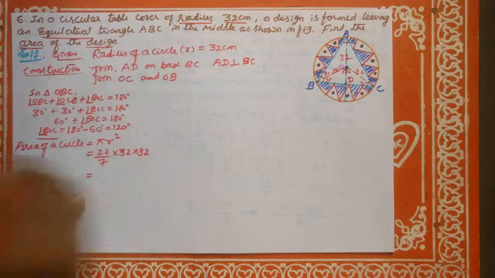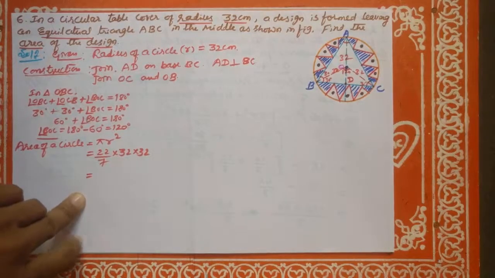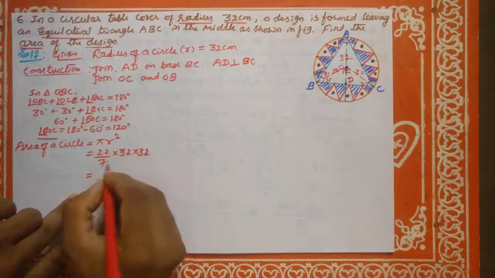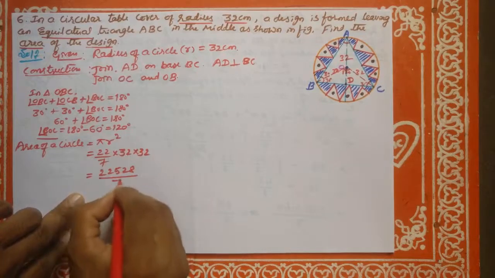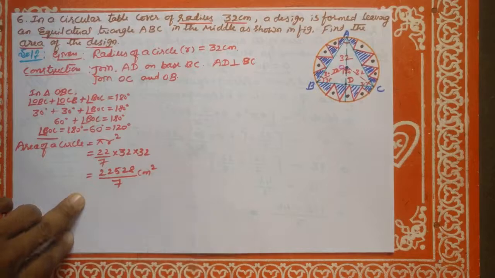If you multiply, we will get area of pi r square, which is equal to 22528 divided by 7 square centimeter.